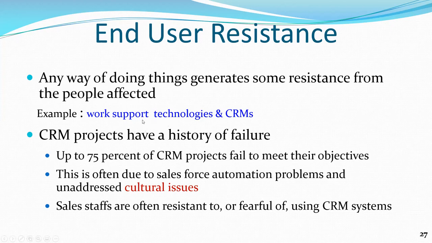That is explained here as work support technologies and CRM. The customer relationship management system was introduced some time back, but in the initial stage, nowadays it's different to some extent. In the initial stage, up to 75% of CRM projects failed to meet their objectives, right? What was mainly happening is it's a cultural issue, such as CRM components like sales force automation were introduced, but people did not use sales force automation.